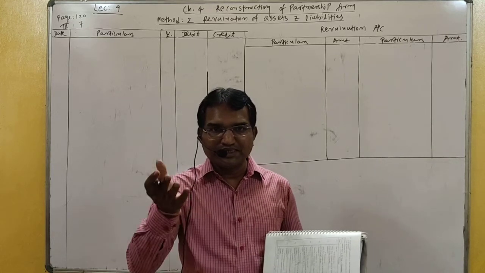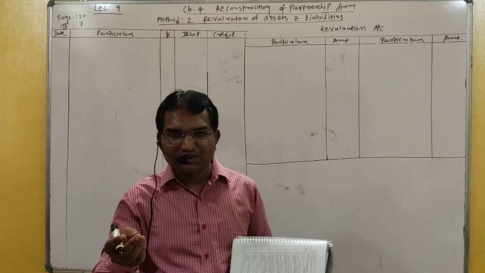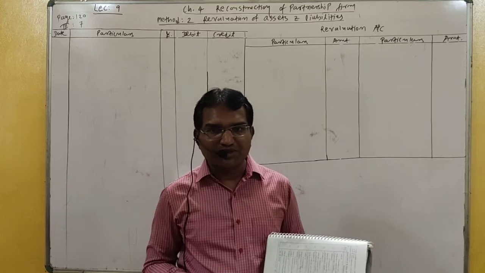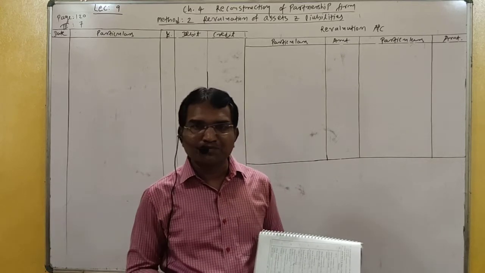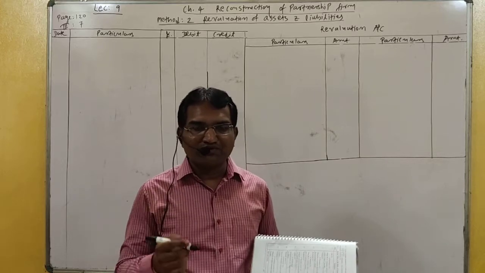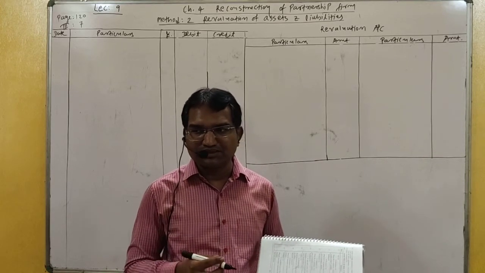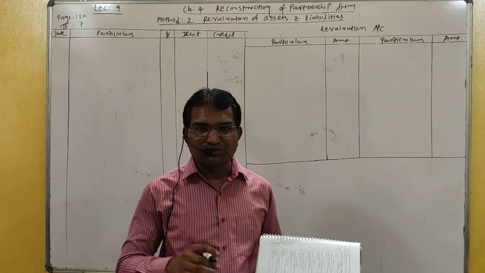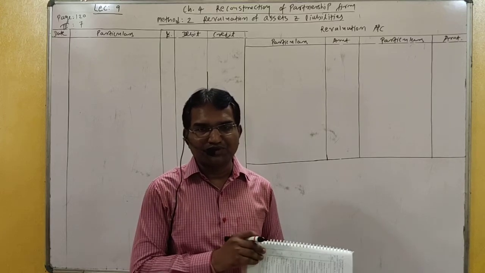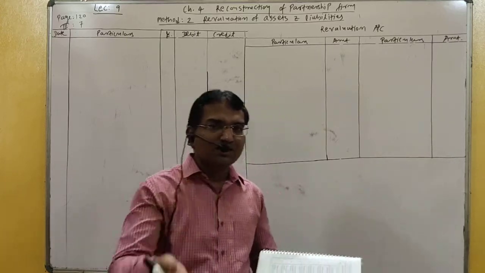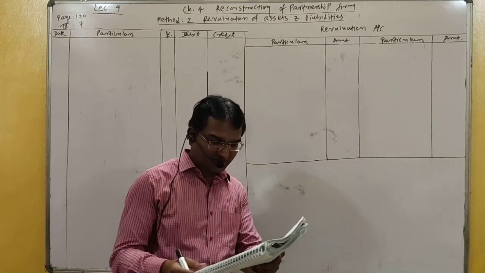If liability increases, it is a loss, so revaluation account debit to respective liability account, and if the value of liability decreases, it is a benefit, so liability account debit to revaluation account. Right? Let us start one by one adjustment.